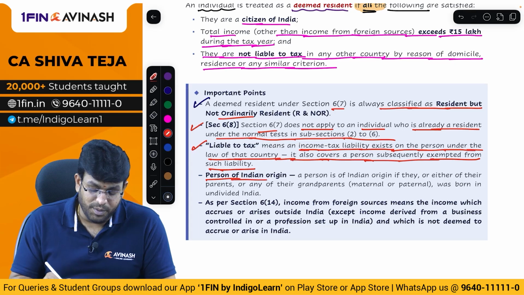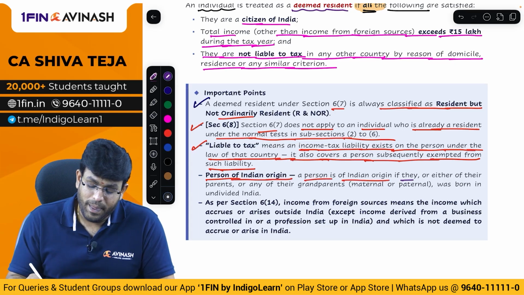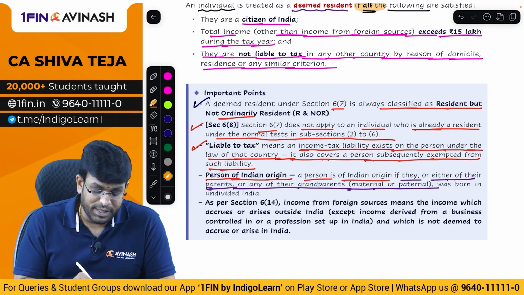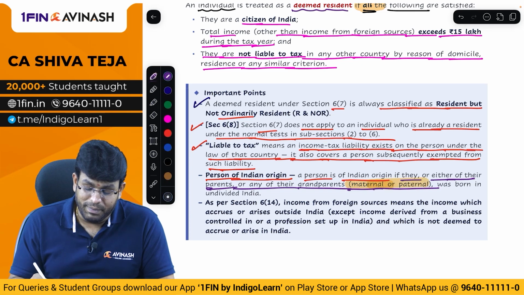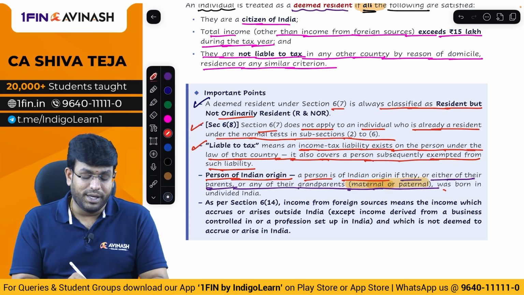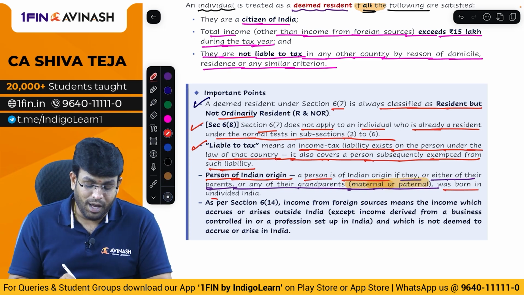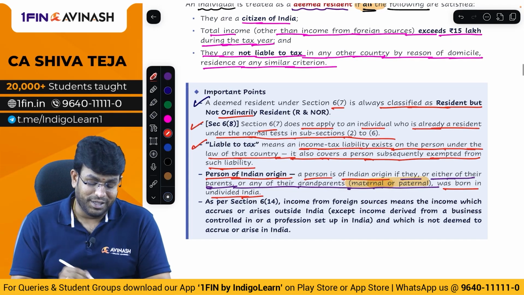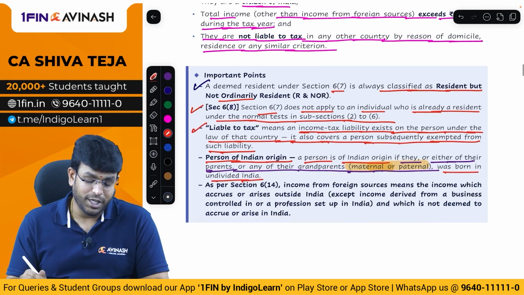And a person of Indian origin means a person is of Indian origin if they or either of their parents or any of their grandparents, and grandparents cover both maternal and paternal, maternal means mother's side, paternal means father's side, was born in undivided India. Very, very interesting point. Next point.